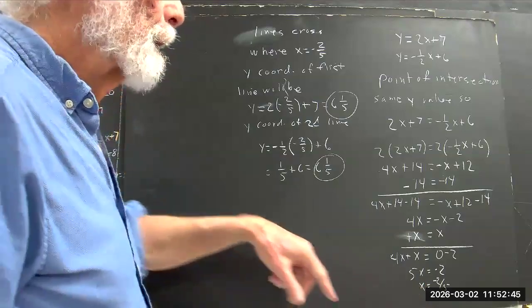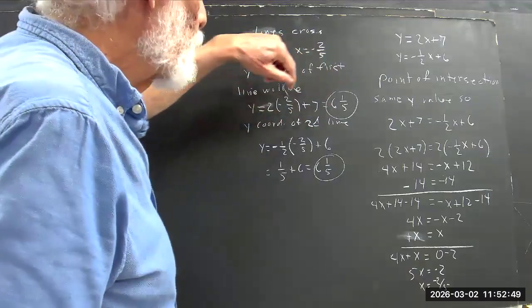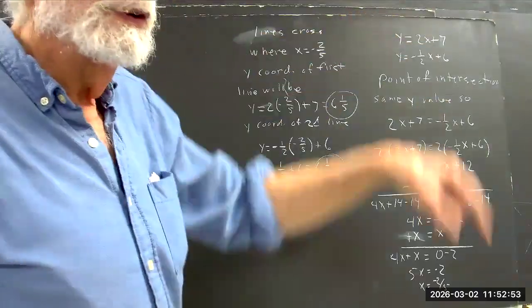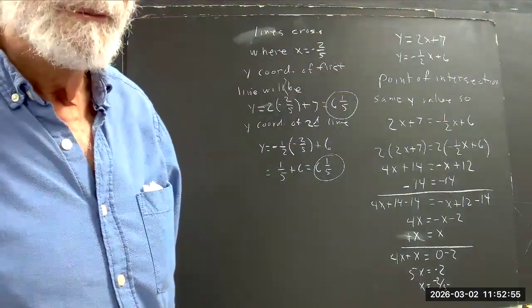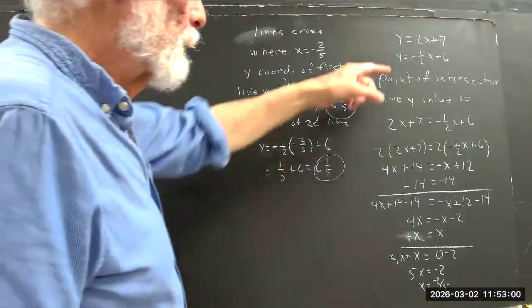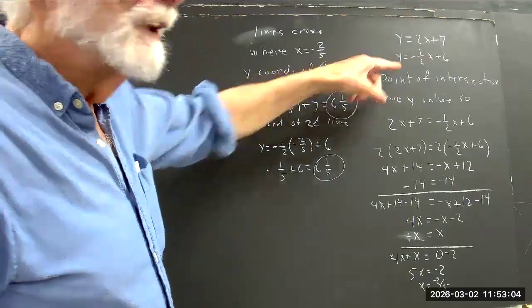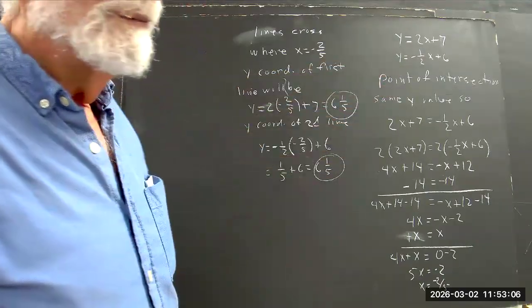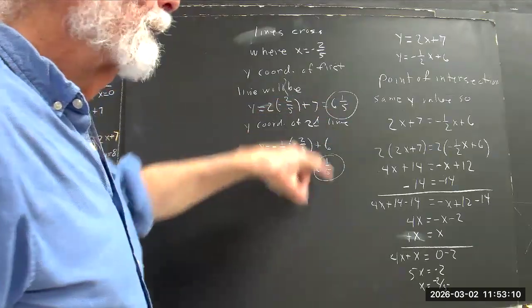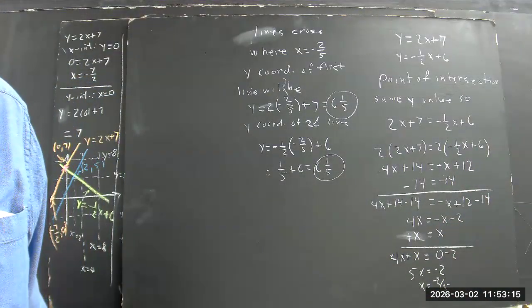If that is done correctly, then if we correctly calculate the y coordinate from the first equation, y equals 2x plus 7, then we don't really need to calculate the y coordinate according to the second equation. But we do need to do that because that checks. If those two y values come out different, it means somebody screwed up. Okay?